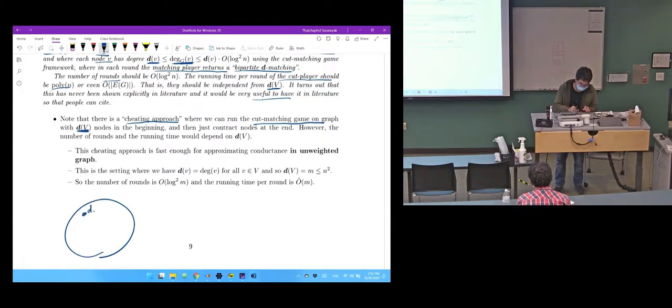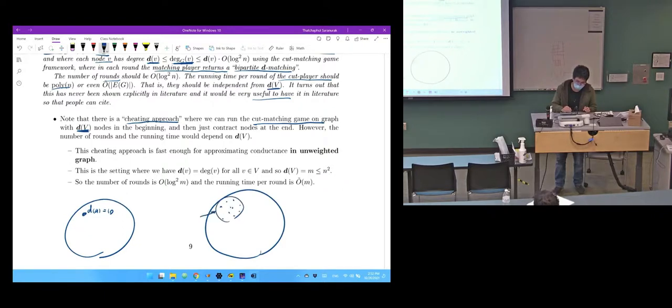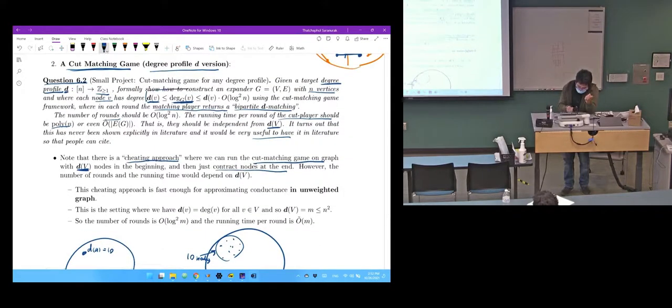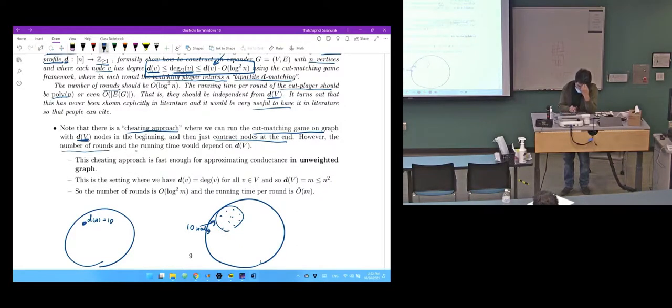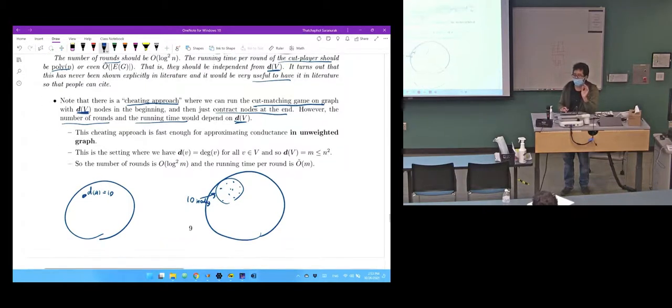If you say that this dA is 10, then you just split this node into 10 nodes, and then just run the cut matching game on this split graph, and then just contract things at the end. So this will work, right? This will give you the expander with the degree profile that you want, but you can see that the number of rounds and the running time now will depend on D. So this is why we don't want this cheating approach.